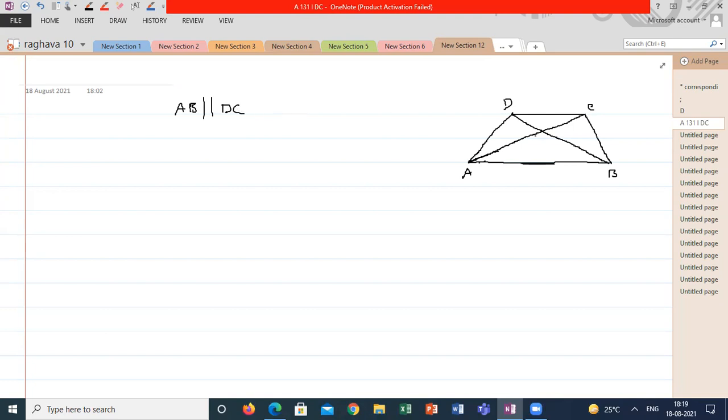They intersect each other at point O. If AB is equal to 2 times CD, find the ratio of areas of triangles AOB and COD.